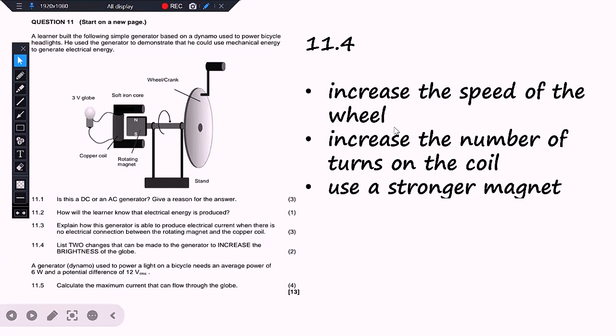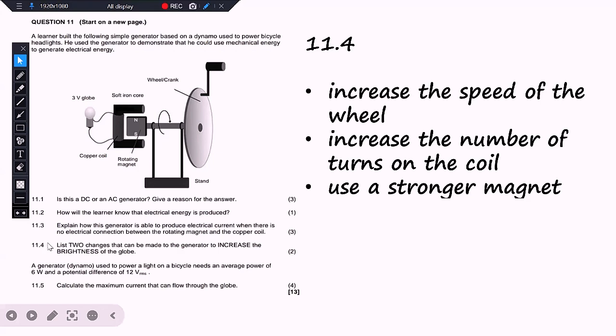And then we can increase the number of turns on the coil. So on that coil, we can try to increase the number of turns, and then we can also use a stronger magnet. So if we use a stronger magnet or a bigger magnet, then we are able to induce much more EMF and therefore produce much more current.